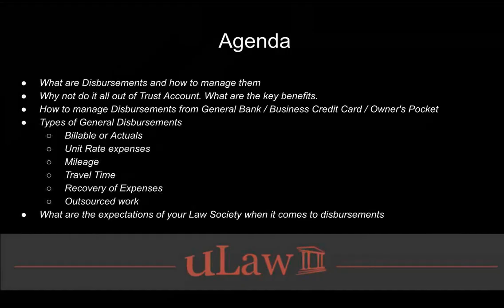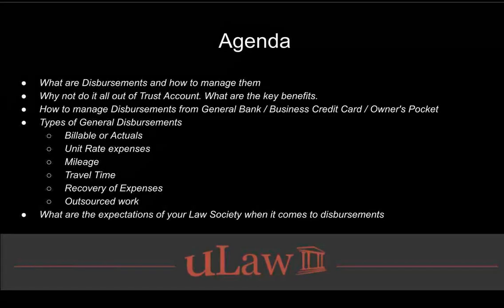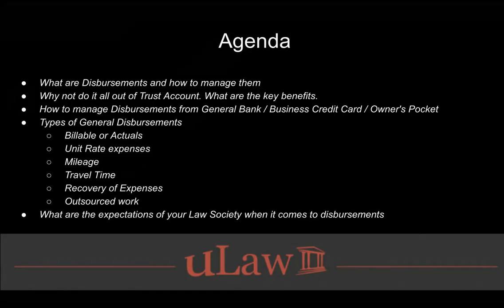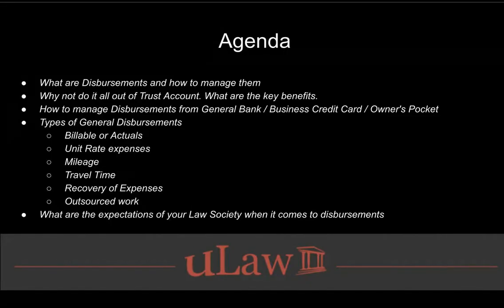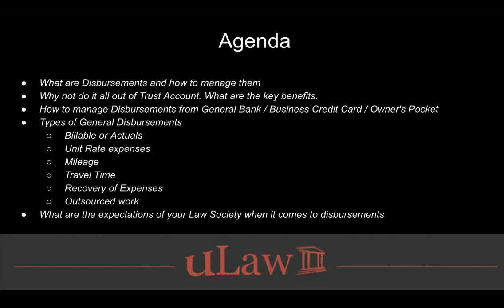And we're also going to be seeing different items such as travel time and mileages, how you go about billing them, and what the appropriate accounts are to be using against trust accounts versus using general, and how you bill them out.